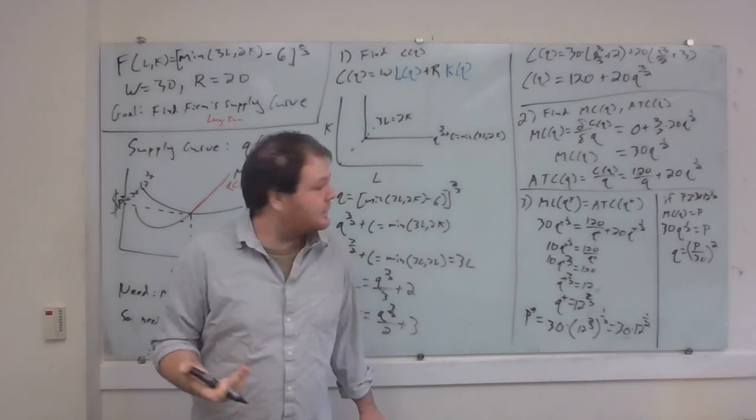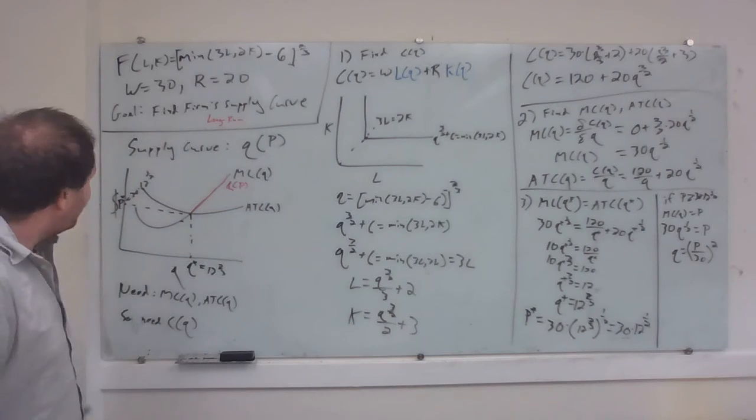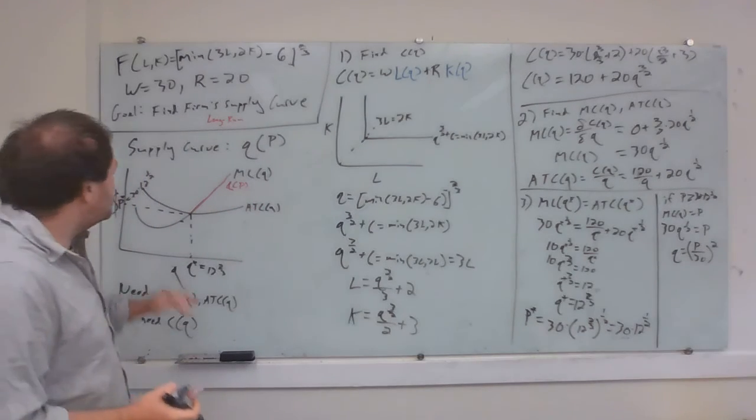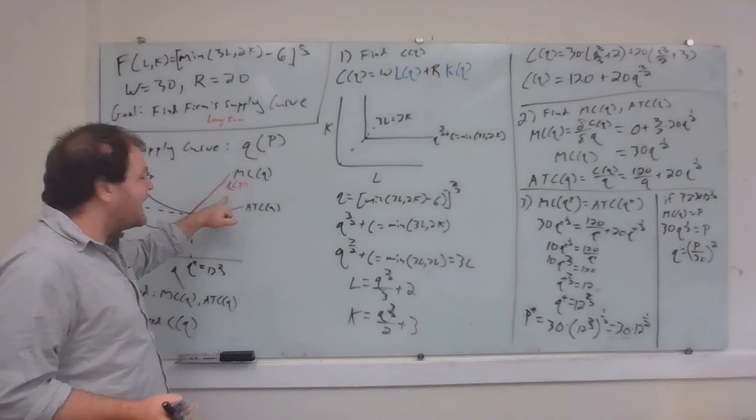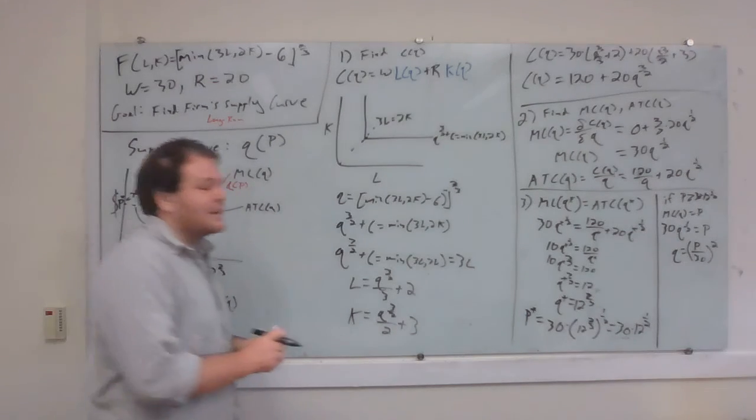Make sense? Wonderful. So what's our final answer here? Well, it's going to be a piecewise function. We've just found the two chunks. If the price is high enough, it's going to be P over 30 squared. If the price is below that, it's going to be 0.